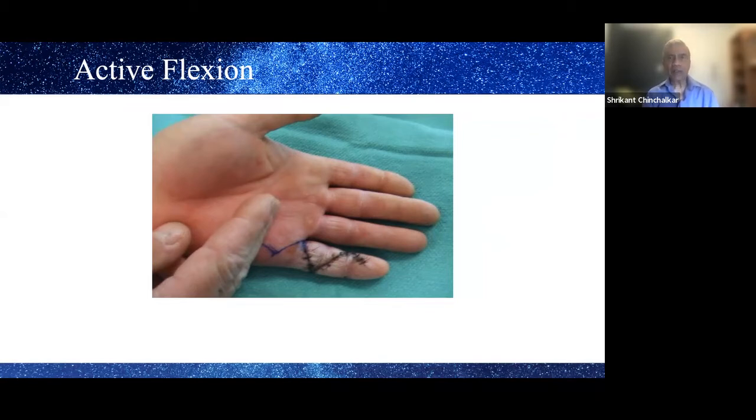So we didn't want these patients to be overzealous, thinking that this is 50% motion, because we can very well say that the amount of flexion performed at a joint by the tendons is directly proportional to the load and resistance placed on the excursion of the tendon or at the repair site. So we want to minimize any active load or active tension at the repair site by allowing these patients to only perform flexion to a linear distance.